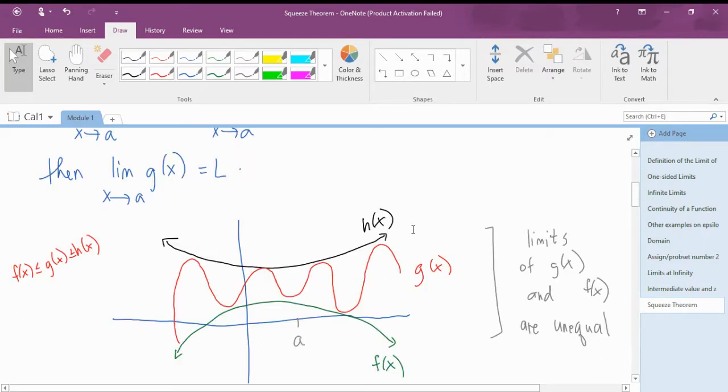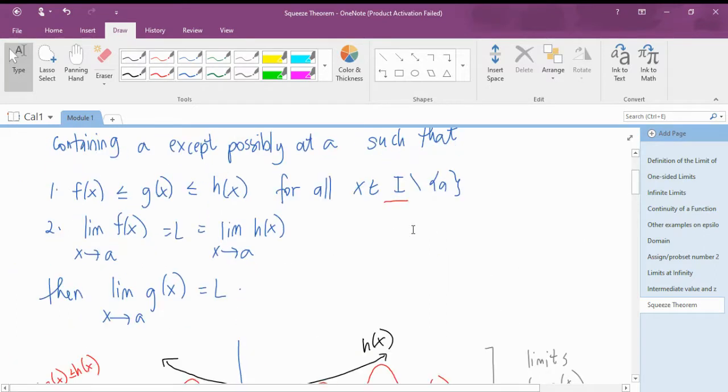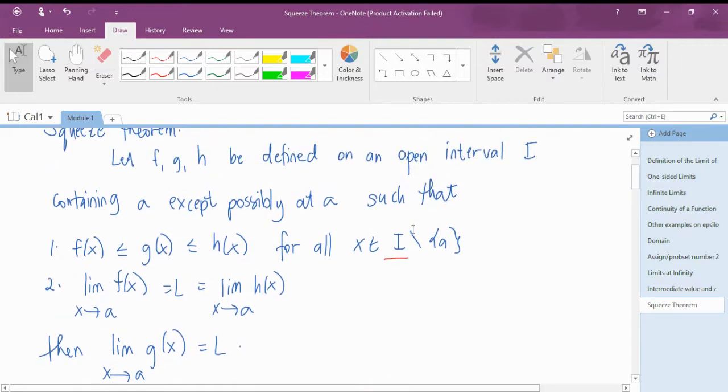Next, let's look at our second condition. It says the limit of f of x as x approaches A is equal to L, and the limit of h of x as x approaches A is also equal to L. So, the limits of our two lower and upper functions as x approaches A are equal.